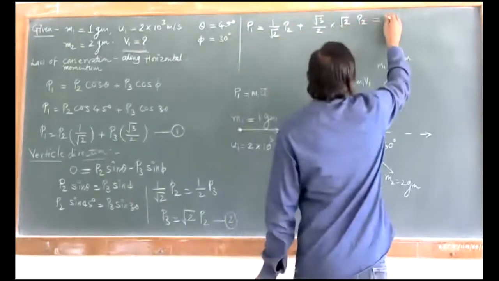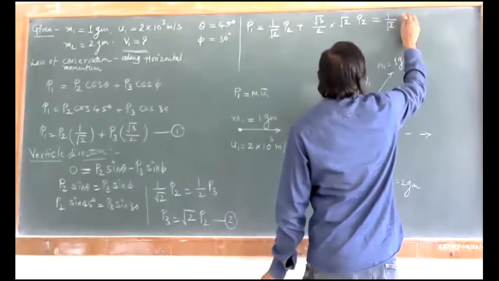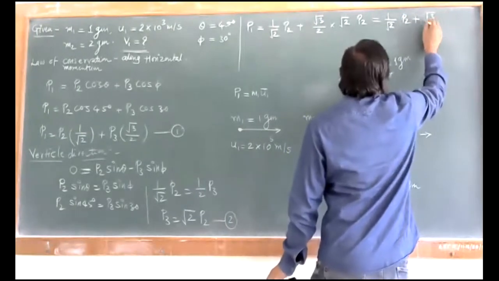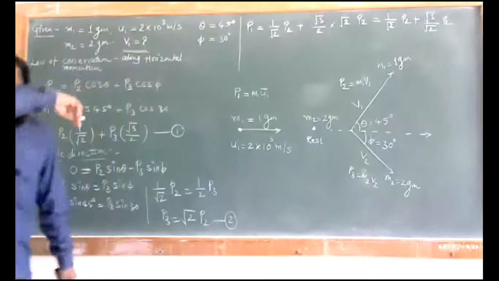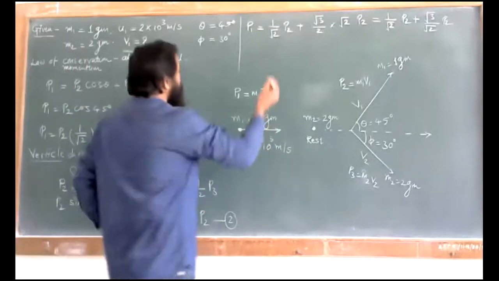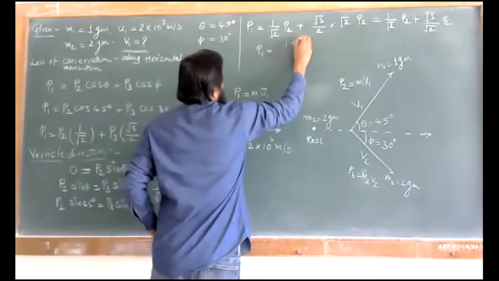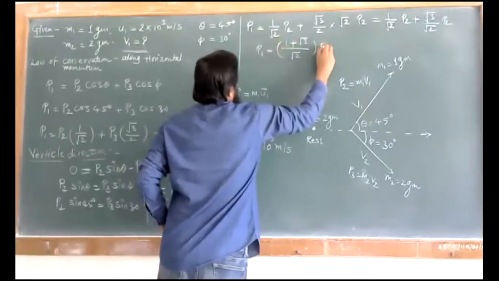This is 1 upon root 2 times P2 plus root 3 upon root 2 times P2. So we can write P1 is equal to 1 plus root 3 upon root 2 into P2.